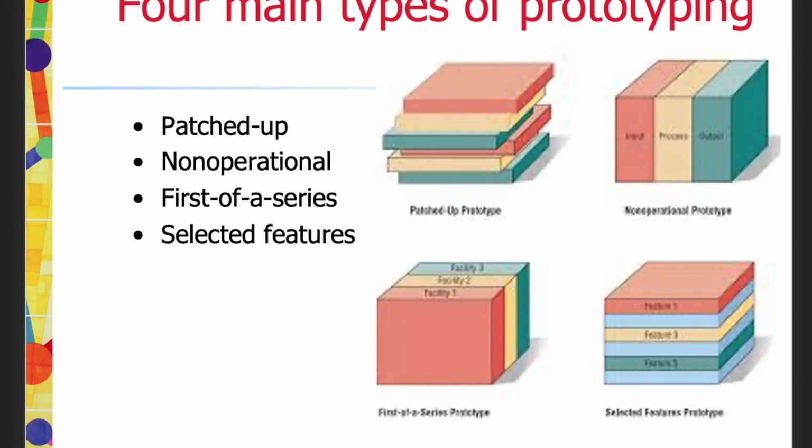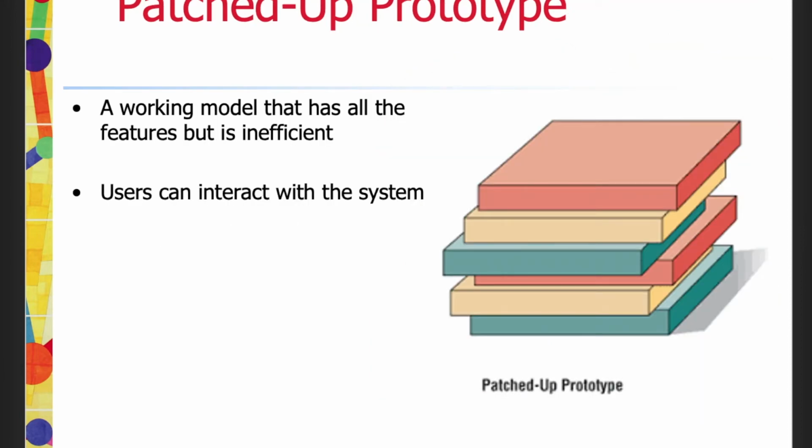Second one is non-operational. Next, first of a series, and lastly, selected features. Let's see the first one, patch-up prototype. It can be considered a working model that has all the features but it's not efficient.